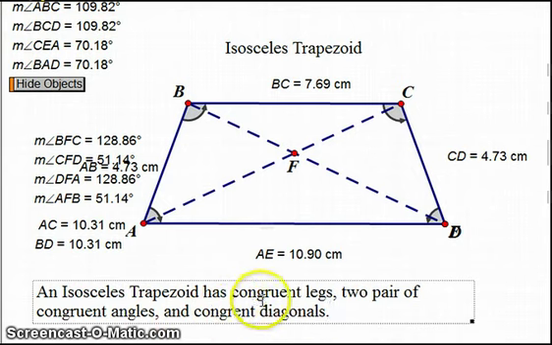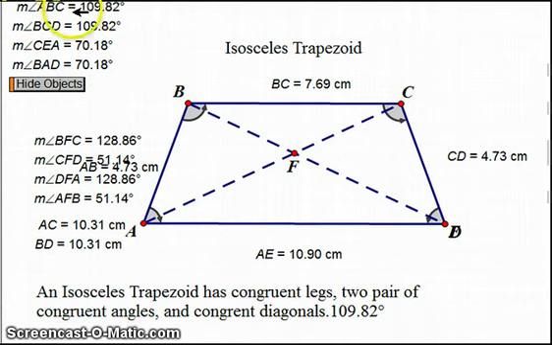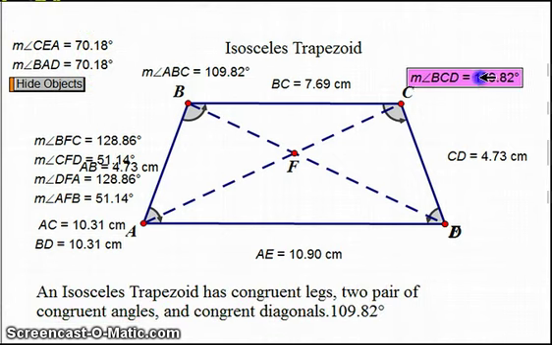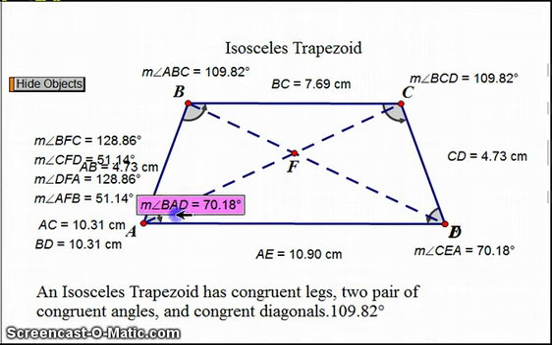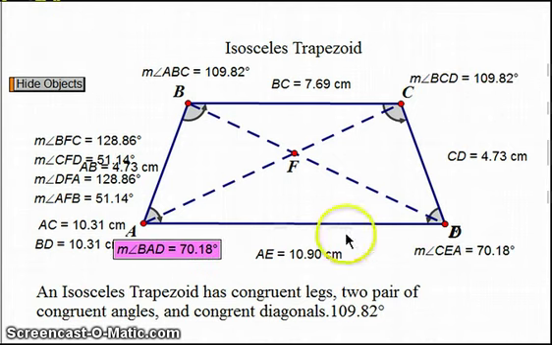Now let's take a look at these congruent angles. Here is this angle, here is this angle, here is this angle, and here is this angle. What do you notice?